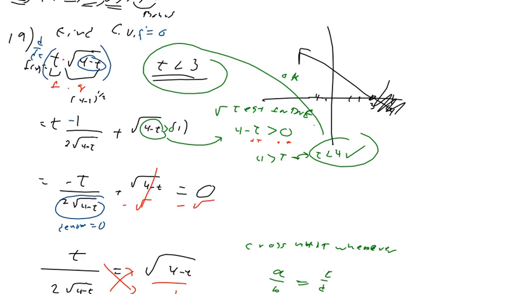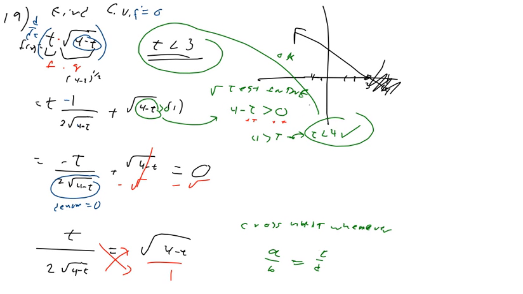I have two different tests: I have to test for the square roots, and I have to test my denominator being 0. What value would make this denominator 0? Well, if I rearrange this, basically the inside of the square root has to be 0. So if t equals 4, my denominator would be 0.